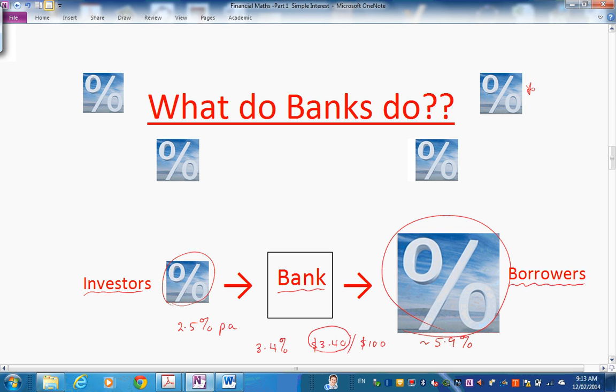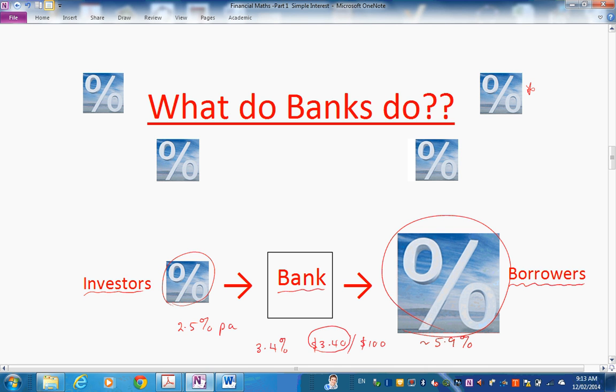Every $100 they're going to make $3.40, and so in $200,000 you're going to have 2,000 lots of that. You might check that out and just make sure that's correct. Okay, that's the idea. That's what banks do. So we'll have a look a bit later on at some of that stuff.